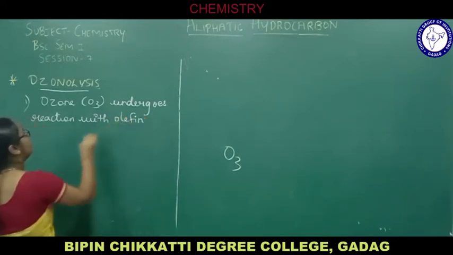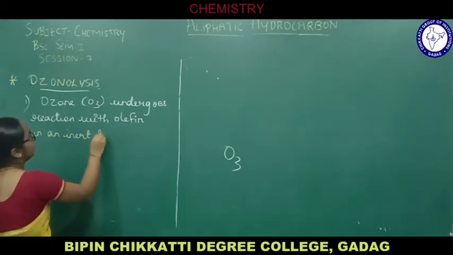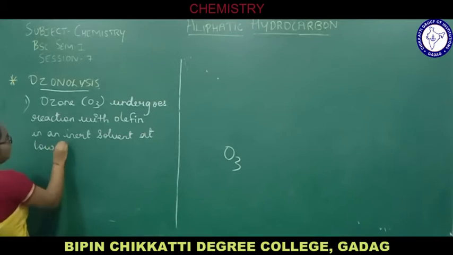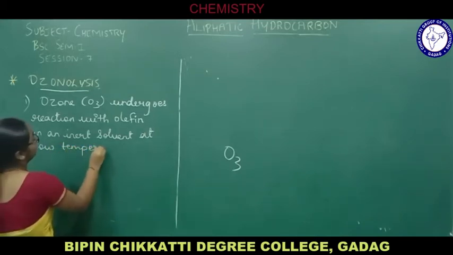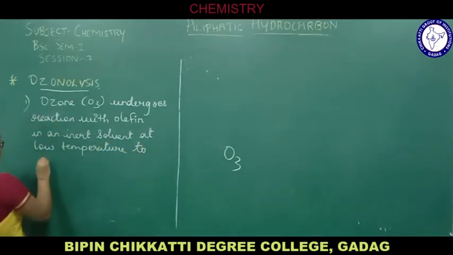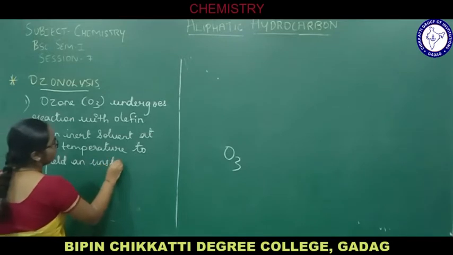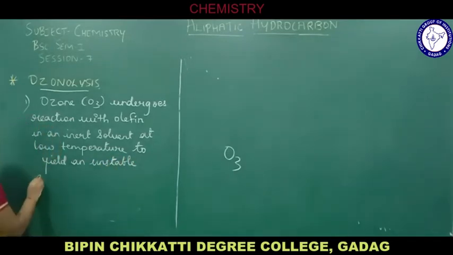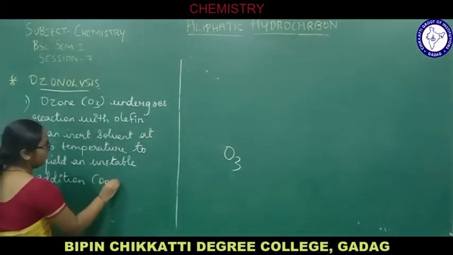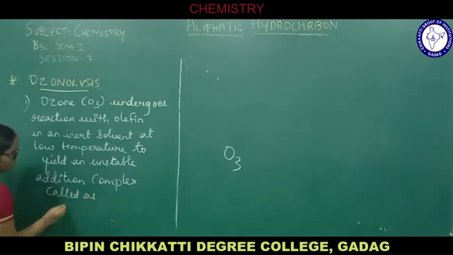Olefins in an inert solvent at low temperature yield an unstable addition complex called ozonide.